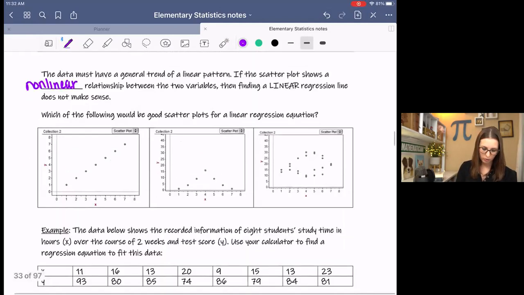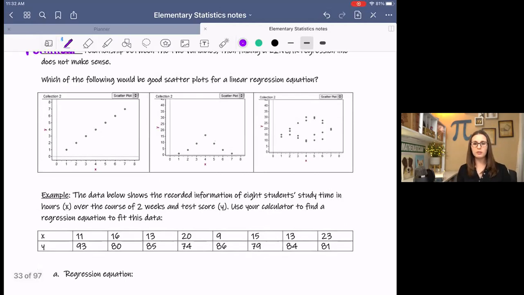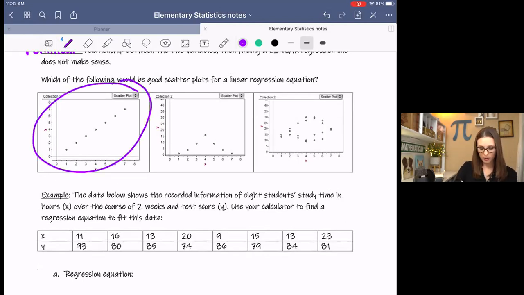So down below, I have 3 examples of scatter plots, and you're deciding which one would be appropriate to find a linear regression equation for. So pause it and circle the one that you think is best represented by a linear equation. Hopefully, you chose this one. This one's nonlinear, and this one's nonlinear.